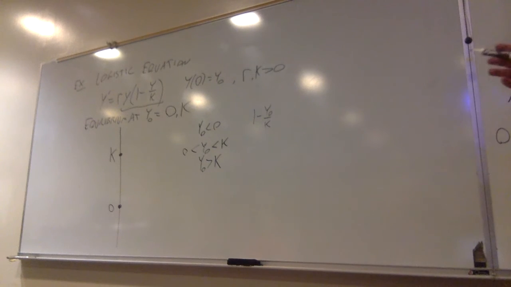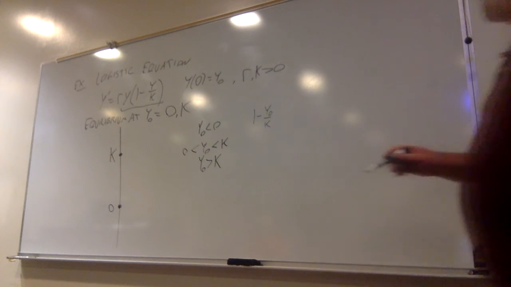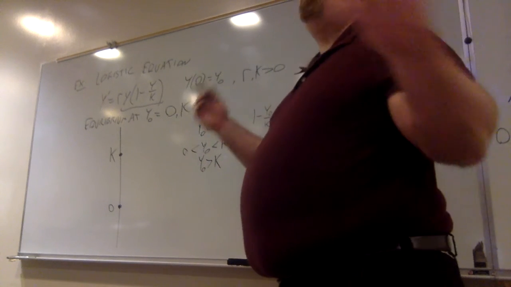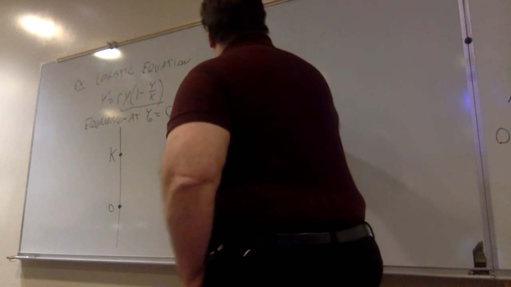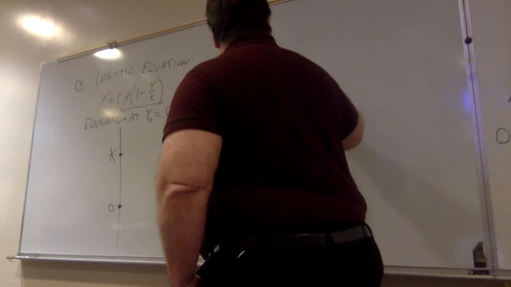All right, so if y naught is negative, k is positive, what's the sign of that whole expression going to be? It's going to be positive because we have a negative and a negative making a positive.